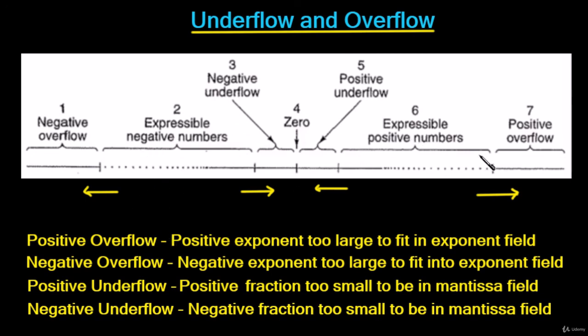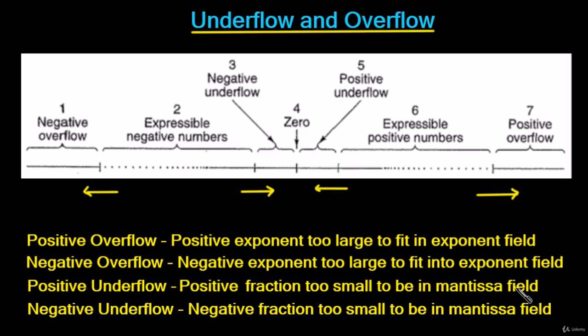We also have these things called positive underflow and negative underflow. This is a problem with representing numbers that are not too large but are too small. So we're going to get a positive underflow if the positive fraction is too small to be in the mantissa field.